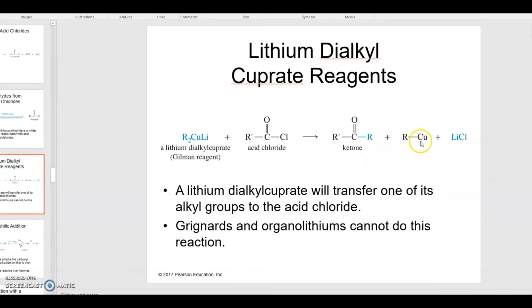So in order to prevent that, you're going to be treating your acid chloride with Gilman reagent. Gilman reagent, as is shown in here, is a dialkyl cuprate reagent, and basically it will provide one nucleophilic R group that will attack this carbon, and you will get your ketone. And when the ketone is formed, it is stable, and it won't go any further to alcohol or something like that.